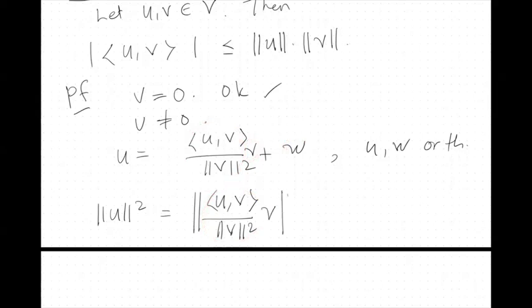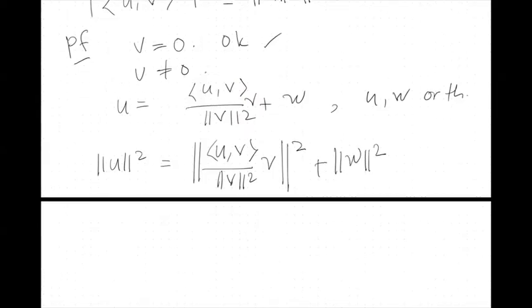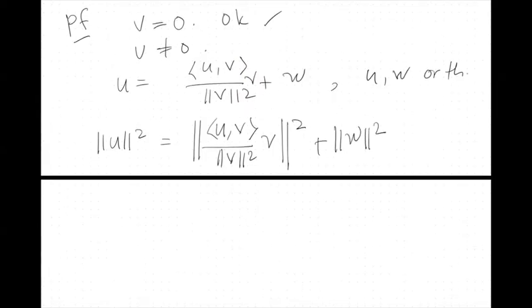So this norm is equal to the inner product of U and V squared over the norm of V squared, plus the norm of W squared.